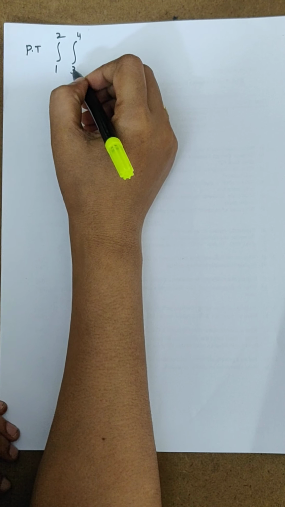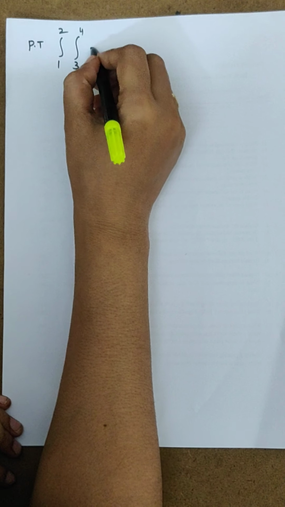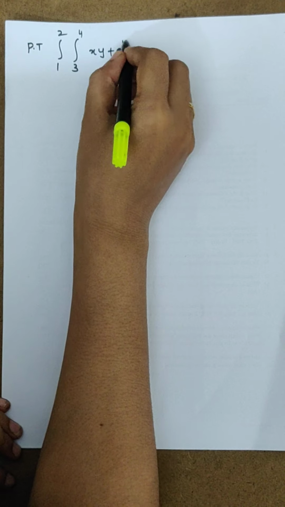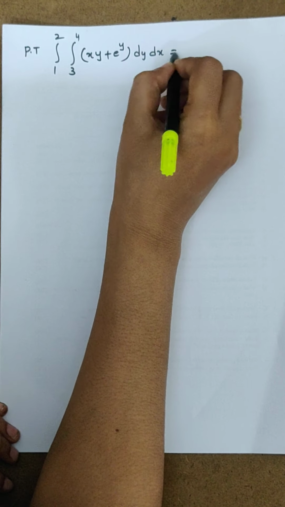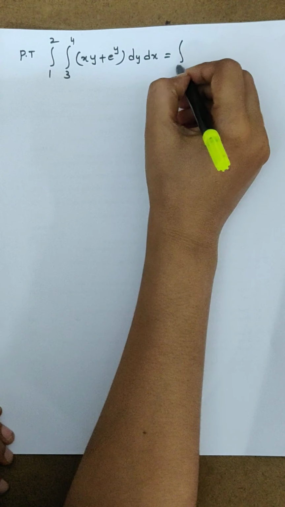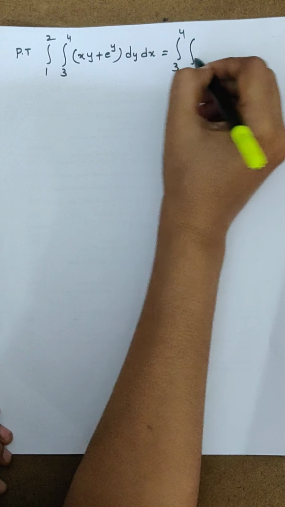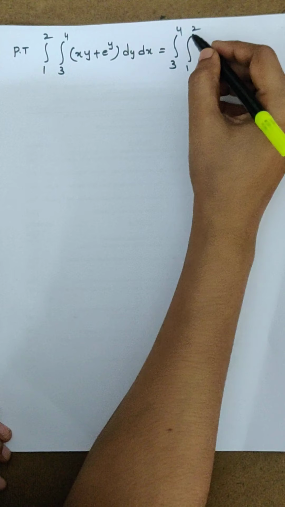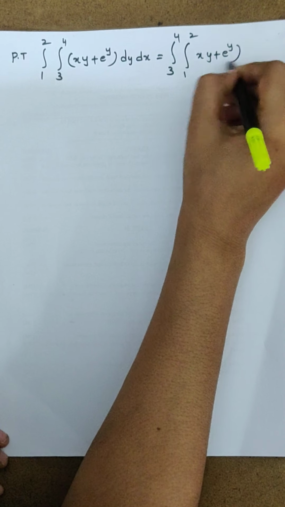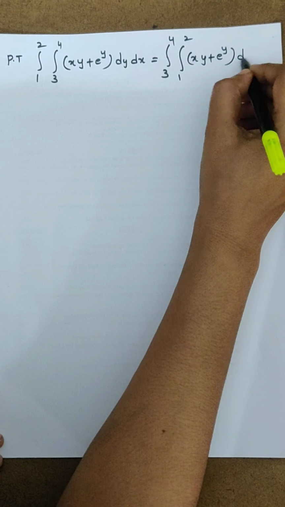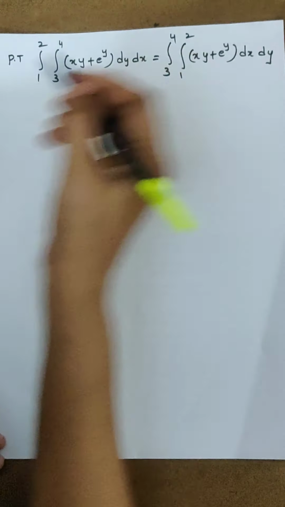Integral 1 to 2, integral 3 to 4, (xy + e^y) dy dx equals double integral 3 to 4, limits 1 to 2, (xy + e^y) dx dy.